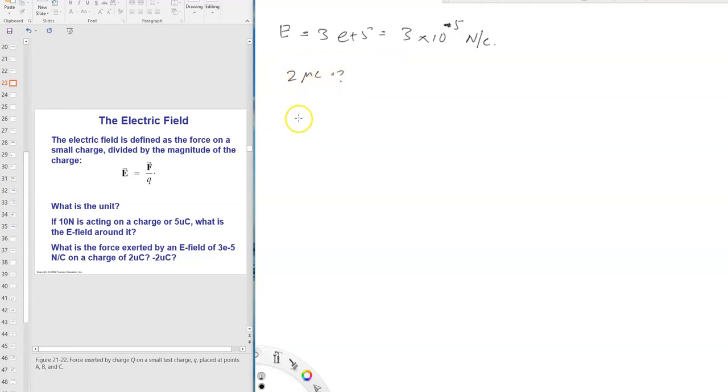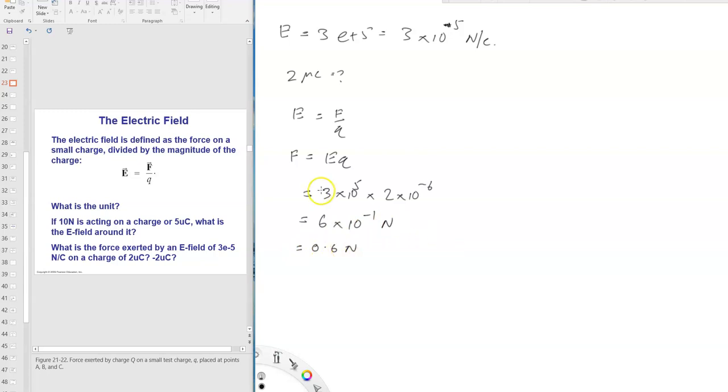What's the force? So E is force over Q, therefore force is EQ. We multiply it to the other side. So electric field 3 times 10 to the 5, charge 2 times 10 to the negative 6, gives 6 times 10 to the negative 1 newtons, or 0.6 newtons.